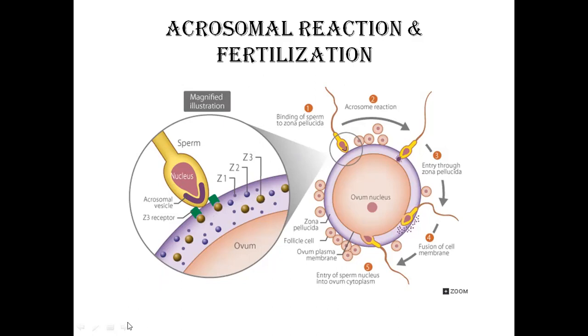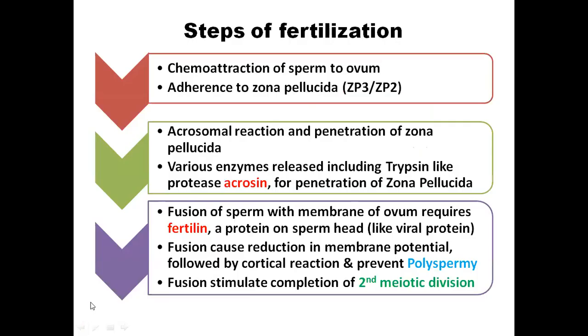Now, once there is adhesion, then it undergoes the acrosomal reaction to penetrate the zona pellucida. And here, several enzymes like hyaluronidase, acrosin are being liberated, of which acrosin is most important, which is a trypsin-like protease for the penetration into the zona pellucida.